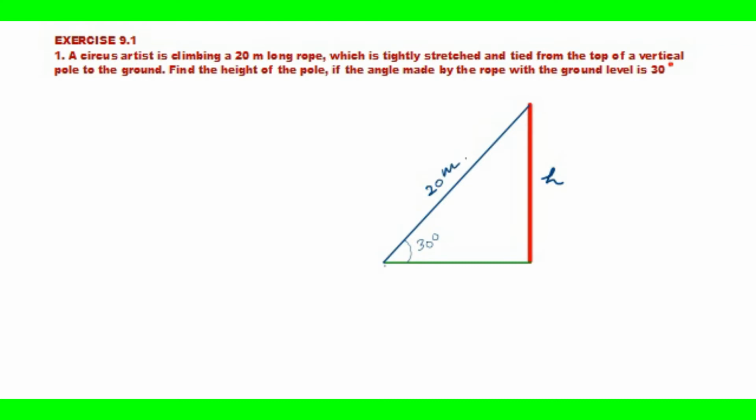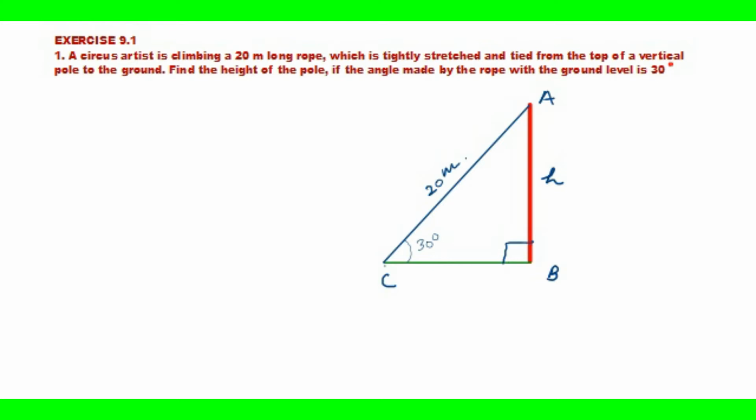So how do we use the concept here? First of all, give the name of the triangle, all the three points. Suppose this is A, this is B, and this is C, and it is understood that the pole is always perpendicular to the ground. So this angle is 90 degree.